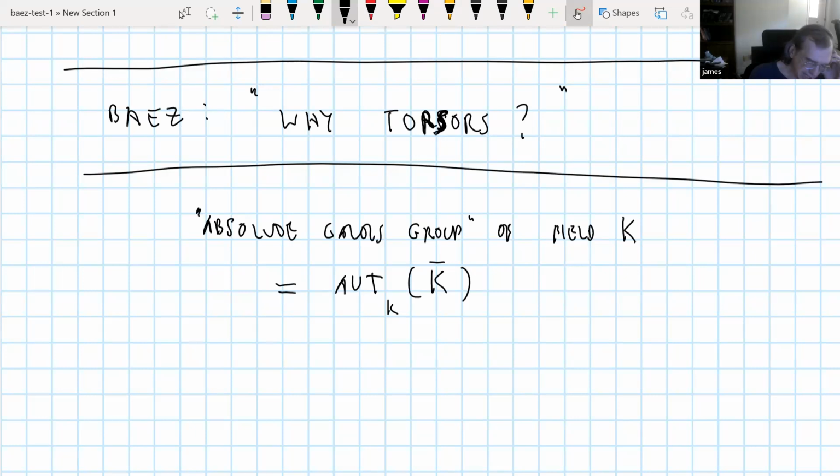So what am I trying to say? The very minor elementary point I'm trying to make here is that this fundamental theorem is giving you an equivalence of categories. But a torsor, instead of giving you an equivalence of categories, just gives you a functor between categories.